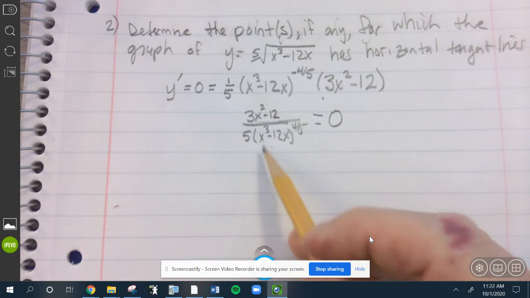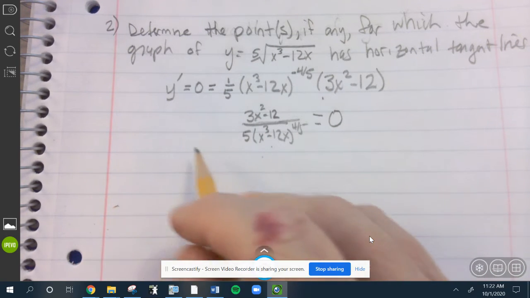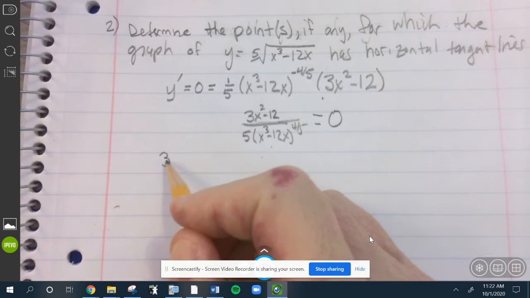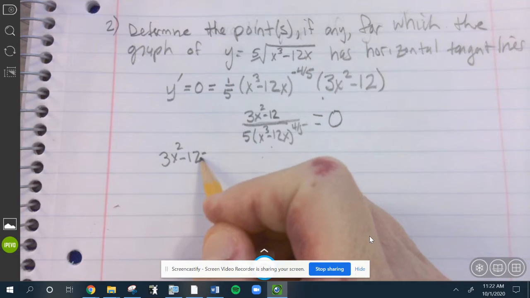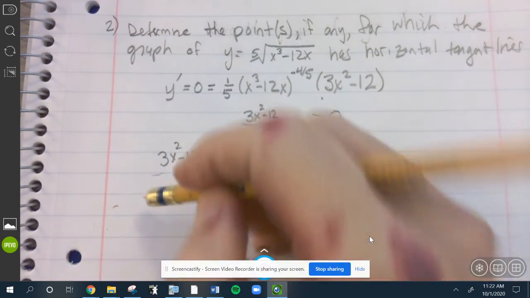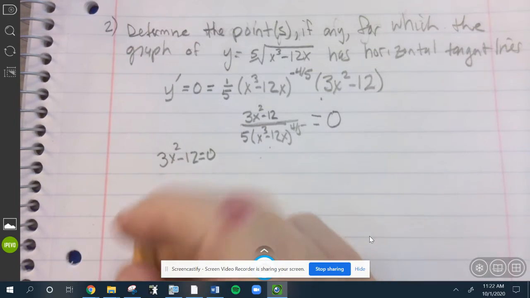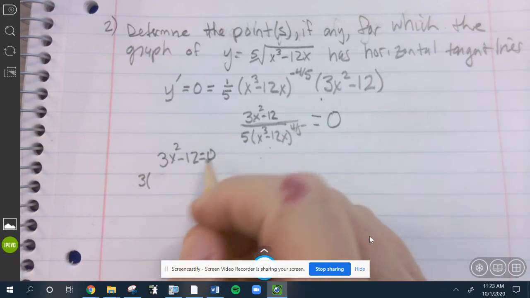But a fraction, which we have, only equals zero when the top equals zero, so we have that going for us. We can just write down 3x squared minus 12 equals zero. Find out where that equals zero. I'm going to do it by factoring. You can do it by just bringing everything to the other side.